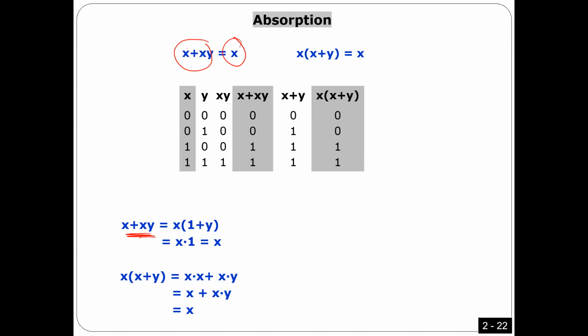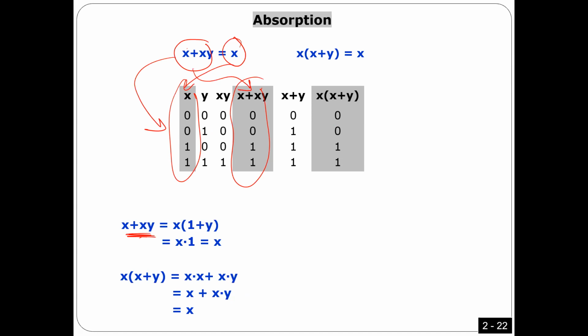I have two approaches. You can use a truth table like this one, calculate this in the truth table, and then compare it with x. I find it is identical, so that means they are the same. This is one way. The other way, we can do algebra manipulation using the rules of algebra. This is not something new.